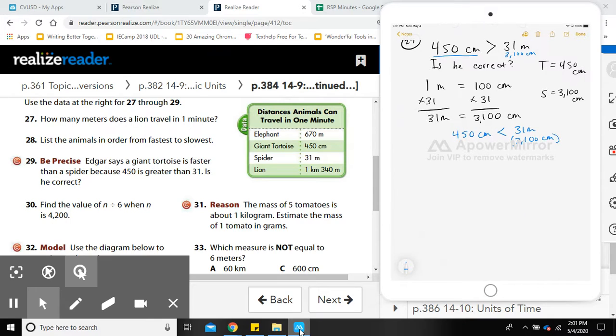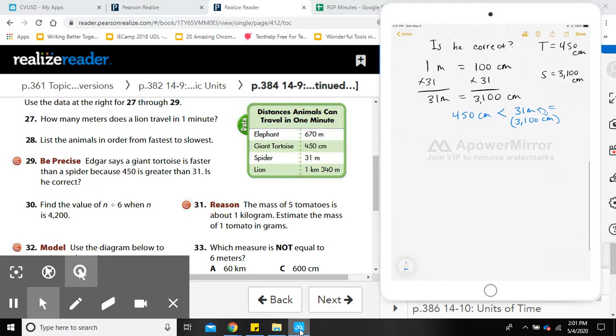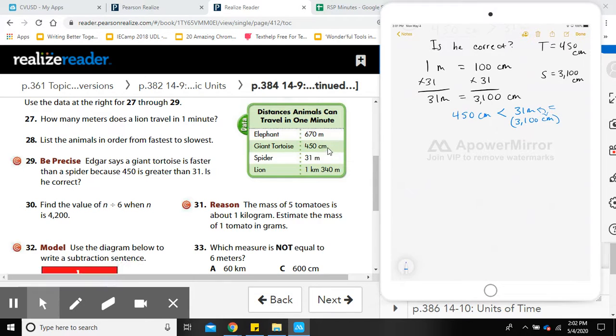These two are equal to each other, right? Okay, let me scroll that up so you can see it a little bit better. So he is not correct. So that's important to change and convert into either centimeters or meters. Whatever you would like to do, you can do it either way.